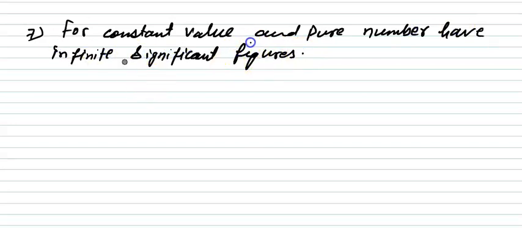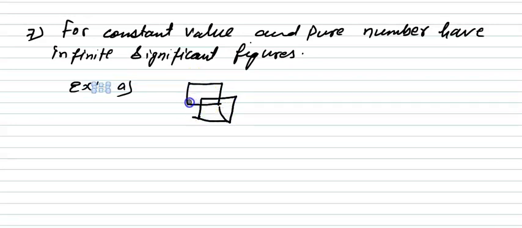Let us take an example. What is the dimension of this cube? This figure is actually a constant. If the dimension of the cube is a, its volume is equal to a to the power 3, right? Yes or no? So these are fixed values, constant values.